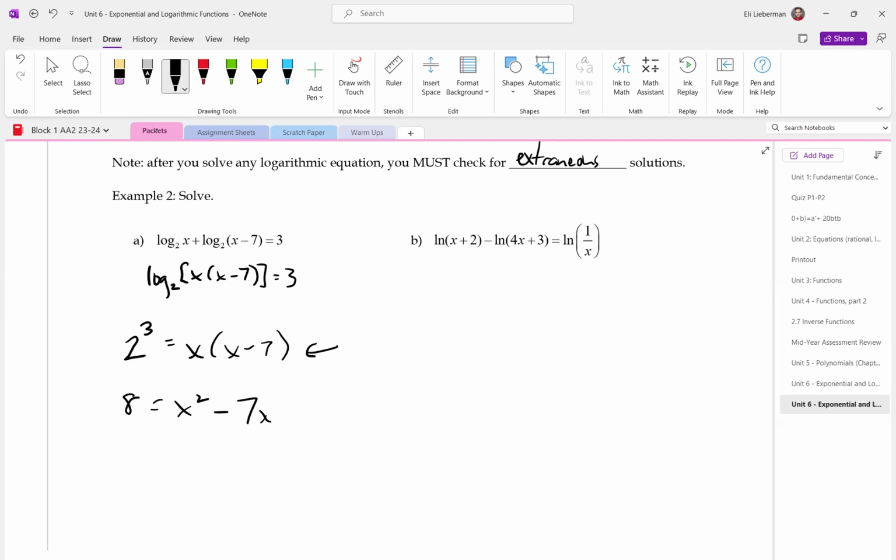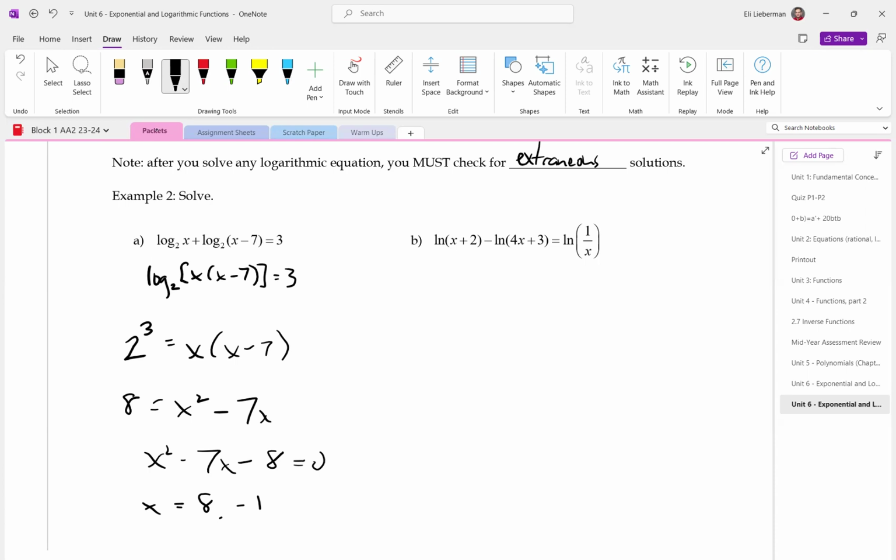Can we just do that? Exactly. No, there's no product property like that. It is the 0 product property, which I think is why you said 0. So thank you. We have x squared minus 7x minus 8 equals 0, and you got x equals 8, negative 1. Are we good with that?